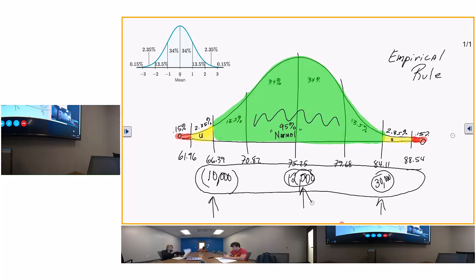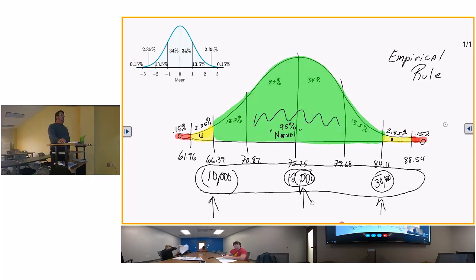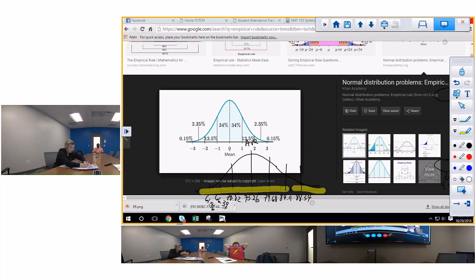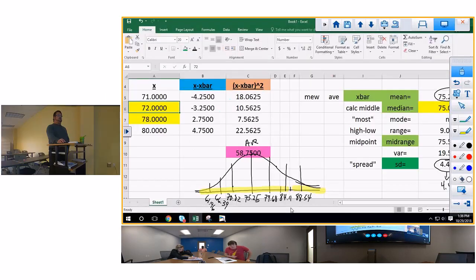And that's what the standard deviation is. So let's go back to numbers that we did. And now let's put some numbers in there that's a little bit different.